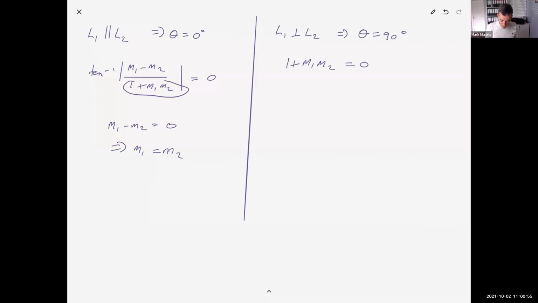For the parallel case, what's above the line was equal to 0. Here it's below the line equal to 0. So in this case, m1 m2 is equal to -1, which is what we learned earlier. Remember, if we multiply the two slopes of perpendicular lines, you get -1. That's just an aside, but bear it in mind and write it down and look over it. It'll make sense when we start doing examples.